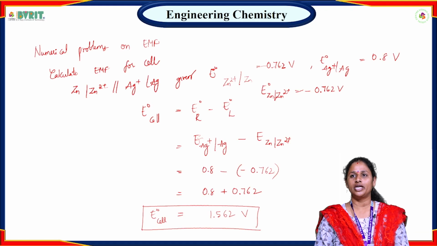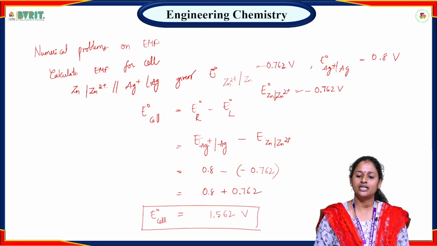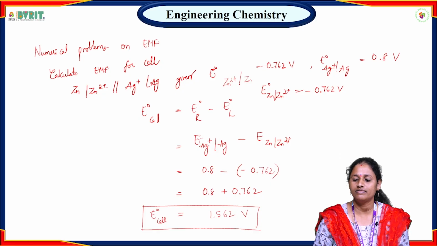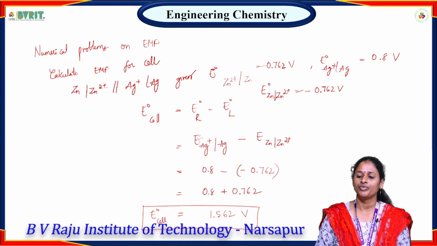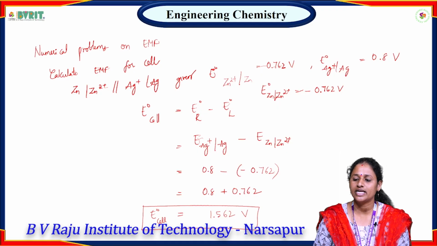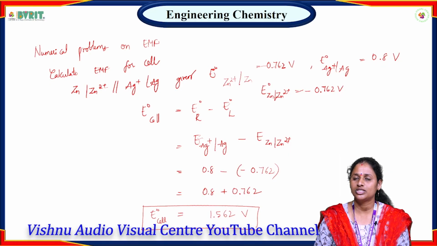So we have numerical problems in our syllabus on EMF of a cell. Here one cell is considered, Zn and silver couple. So E naught, the standard potential value of Zn2+/Zn, is given as 0.762. Here the value is written as minus because oxidation takes place: Zn gives rise to Zn2+ and 2 electrons are lost.